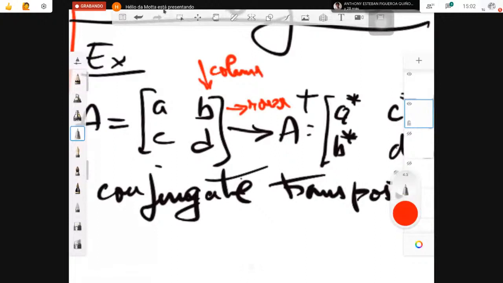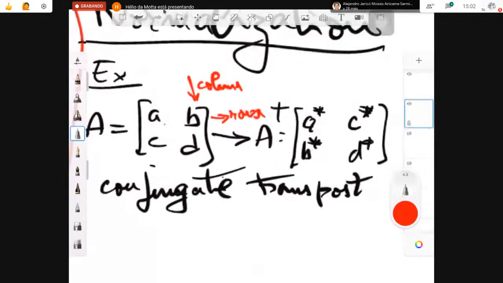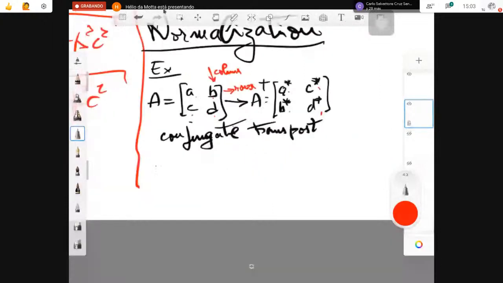So A, B, C, D here becomes A, C, B, D. And then you get the conjugate of the number. Of course, if the number is a real number, it's the same: the conjugate of a real number is equal to the number.